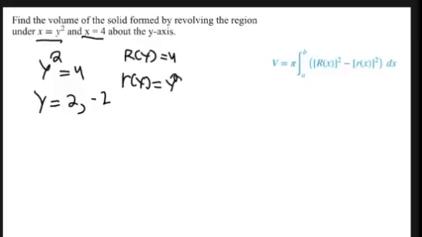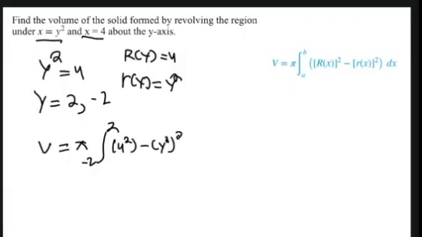So now we set up the integral. Volume equals pi times the integral from negative 2 to 2 of 4 squared minus (y squared) squared dy. So the volume equals pi times the integral from negative 2 to 2 of 16 minus y to the power 4 dy.